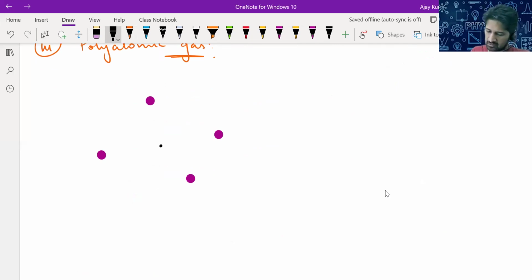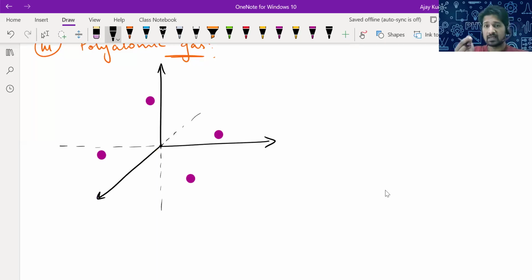Through the center of mass, if you imagine axes, one x-axis, y-axis, z-axis, you can clearly see that there is no particular axis on which all the particles lie. Two particles may lie on an axis, three particles may lie on one axis, but all particles won't lie on one axis. It's a non-linear molecule.